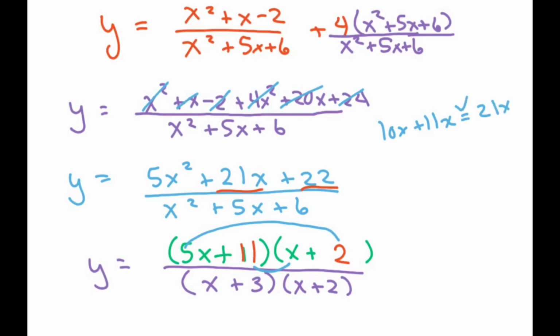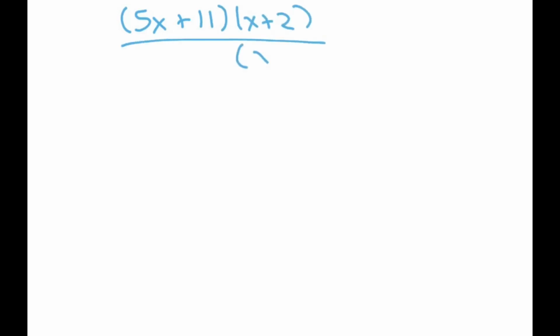Yes. So we're good. So we factored it completely. And I'm going to try to memorize this. So 5x plus 11, x plus 2, 5x plus 11, x plus 2, and in the denominator we had an x plus 2 and an x plus 4.